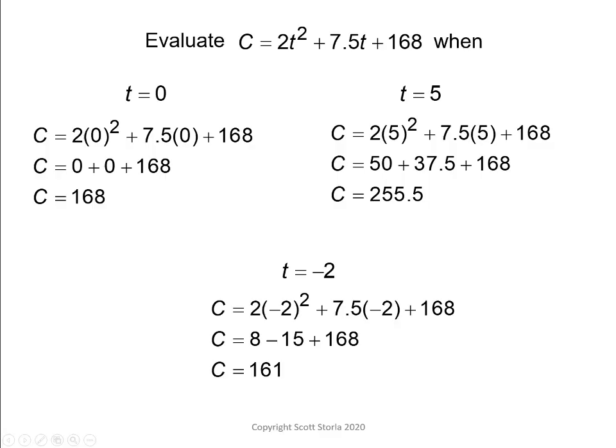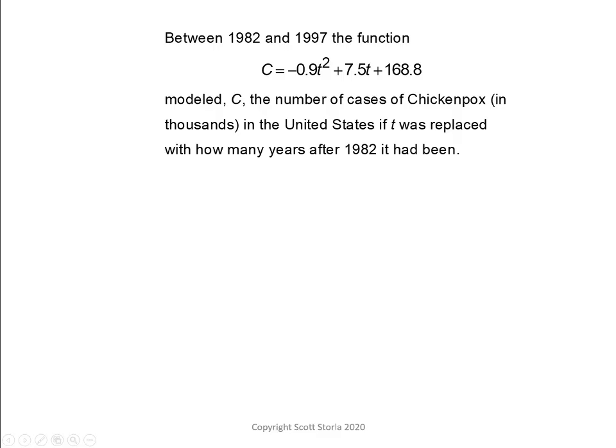Now let's put these skills to practice by answering some questions about, in this case, chickenpox. This function is giving the number of cases of chickenpox if we supply the number of years it's been after 1982. Notice that each case of chickenpox is actually 1,000 cases.